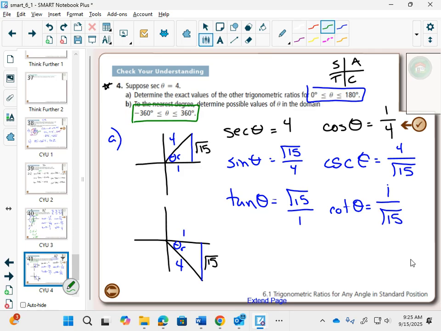So how do we solve for theta? We would want to find this angle, and we would also want to find this angle. We're going to want to find other angles as well, because there are going to be negative angles, since it goes from negative 360, so that will include these ones as well.